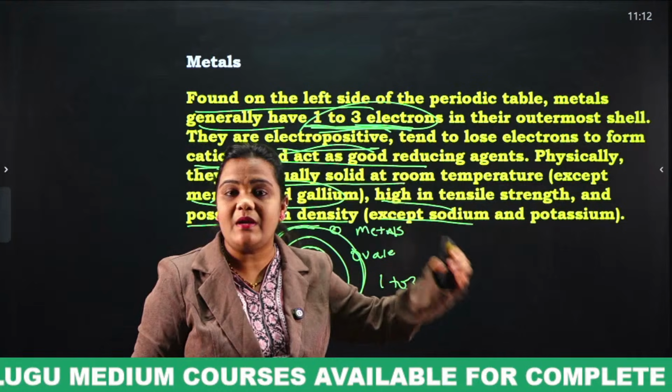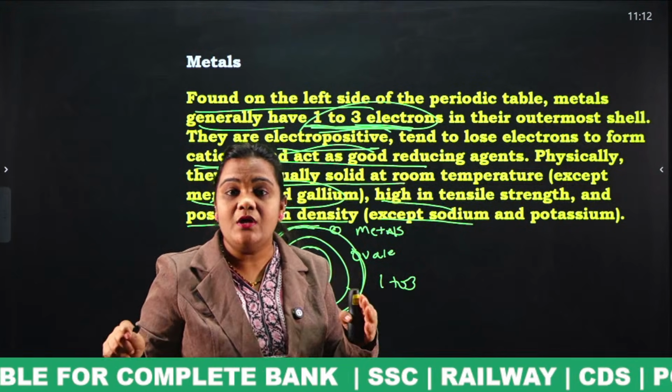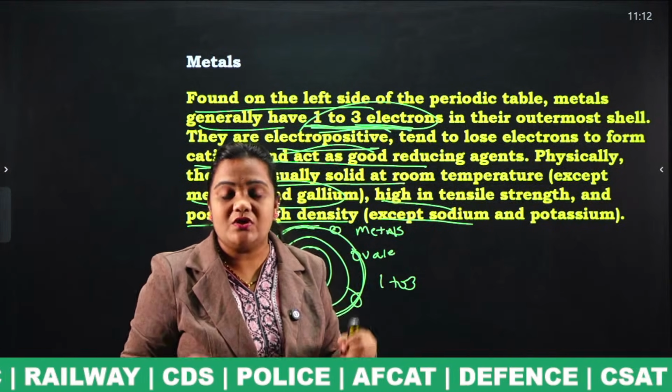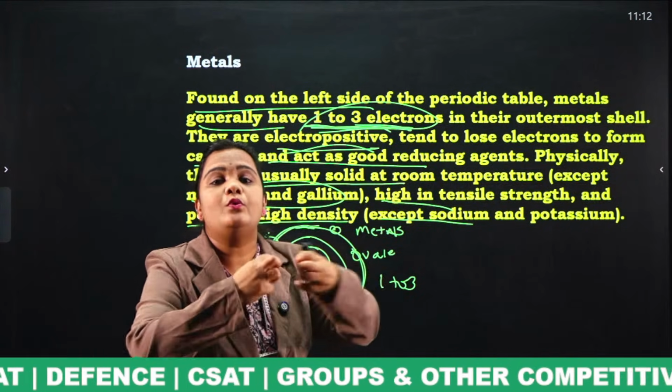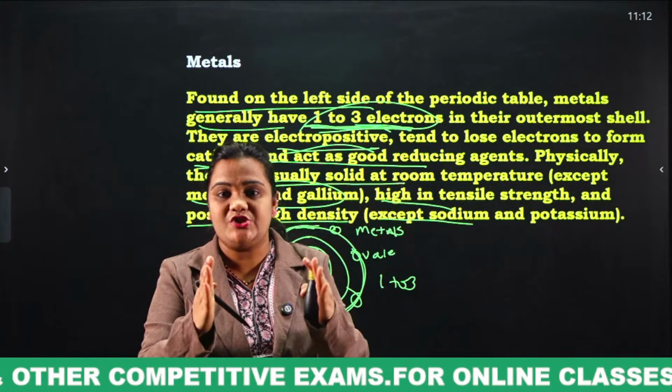And one more thing, they have very high tensile strength. Tensile strength is nothing but, when we heat the metal and hit it with a hammer, it has the capability of stretching. That strength is considered as what, students? Tensile strength. Tensile is nothing but pulling strength, and compressive strength is pushing strength.